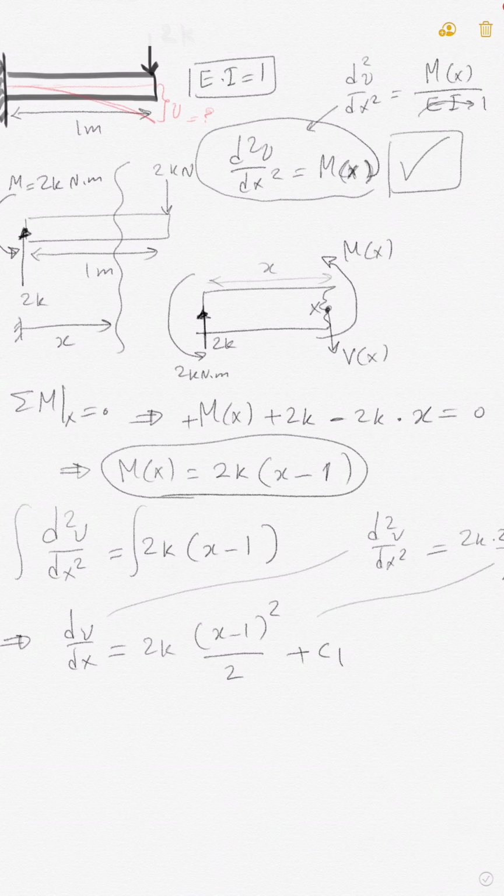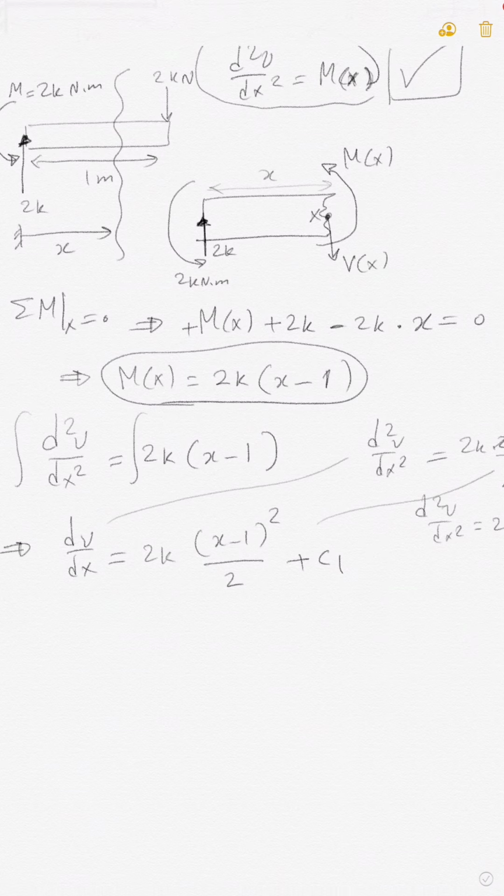So you cancel this with that, and then you get back your original equation, which is the second derivative of v with respect to x is equal to 2K times (x minus 1), right? So in fact, this is the correct integral of the first equation.